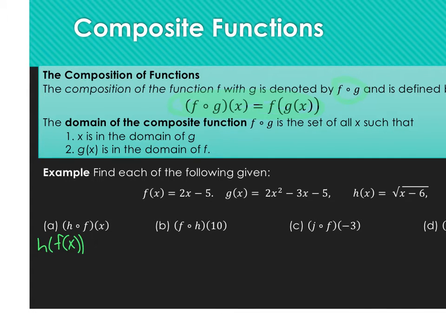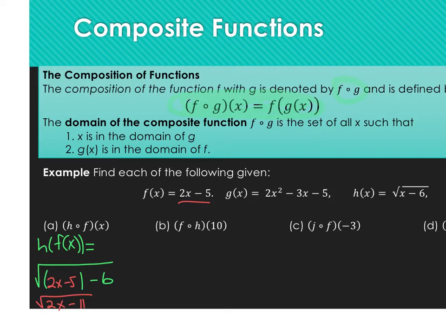So we start off with our h function, put empty parentheses where the x is, and insert all of the f function in those empty parentheses and then combine like terms. So we will have the square root of 2x, and negative 5 minus 6 is negative 11. And that's it, we're done.